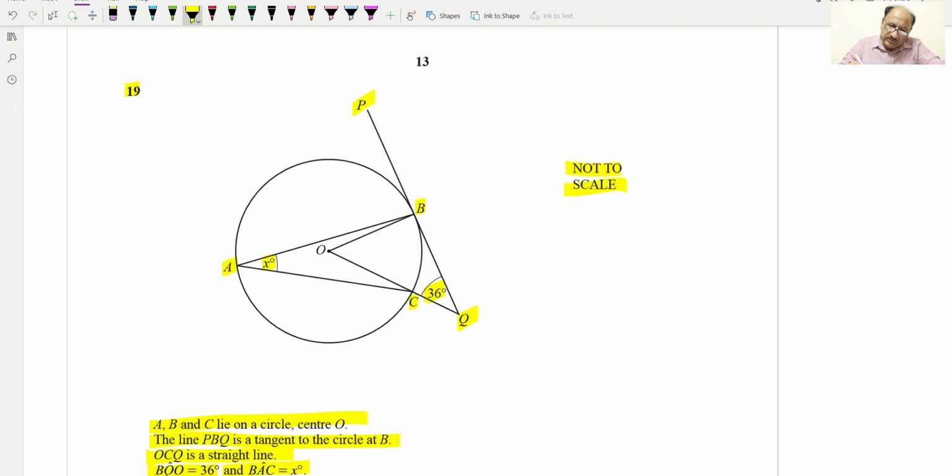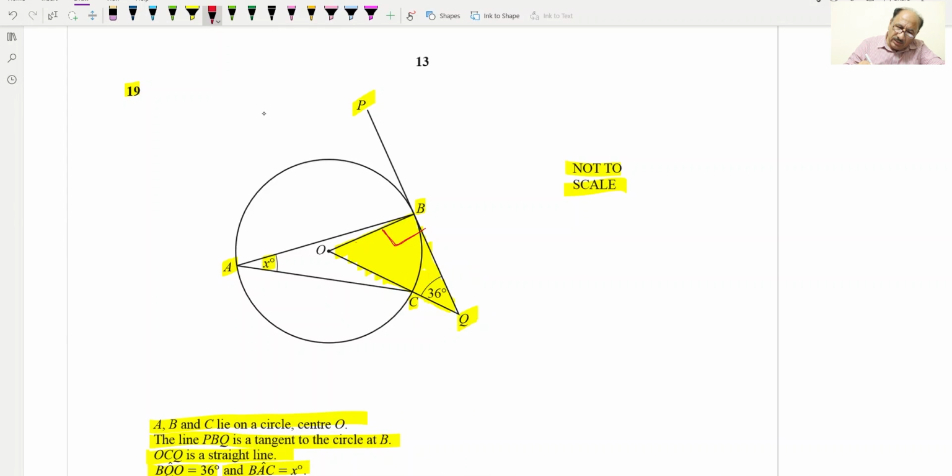Now we can consider which triangle. We'll be considering this triangle, and we know this is a right angle triangle. How do we know this is a right angle triangle? Because this triangle is between the tangent and the radius. Radius is OB and the tangent is PBQ. So this angle is 90 degrees. So one angle is 90 degrees, the other one is 36.